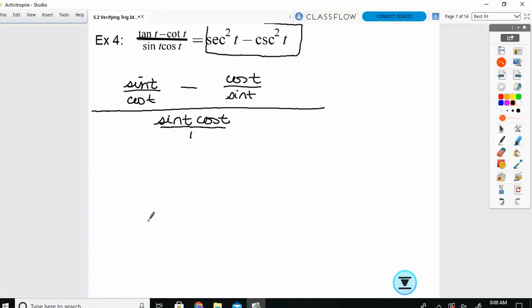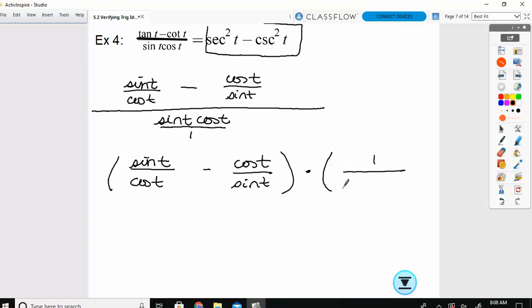This is really over 1, right? So if I want to divide fractions, we flip and multiply. Times, I'll put that on 1 over sine t.